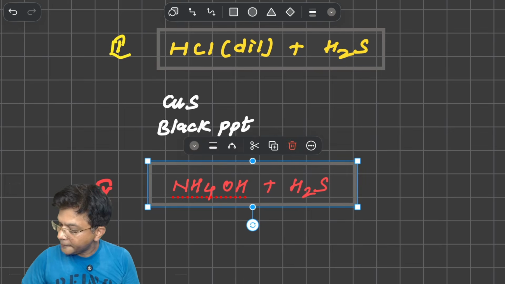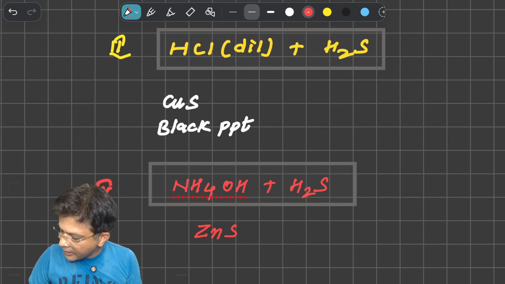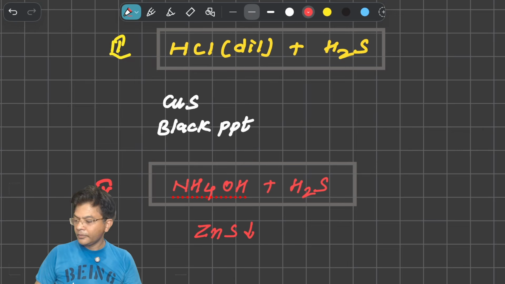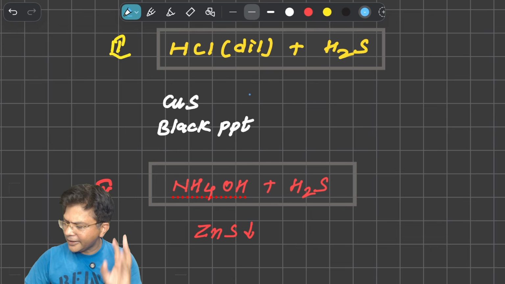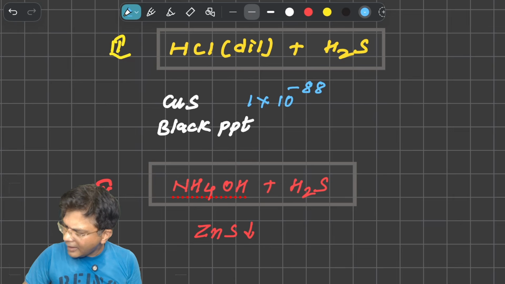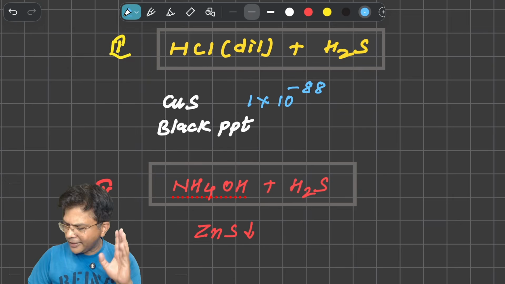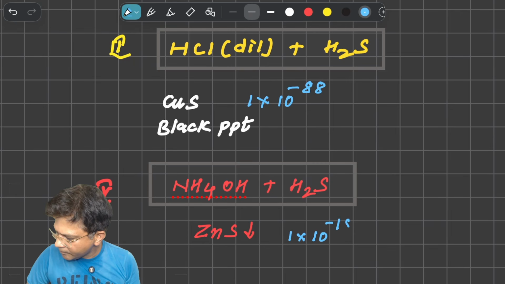Let me explain. If I write ZnS, its Ksp will be more. For example, let me take 1 into 10 raised to minus 15.